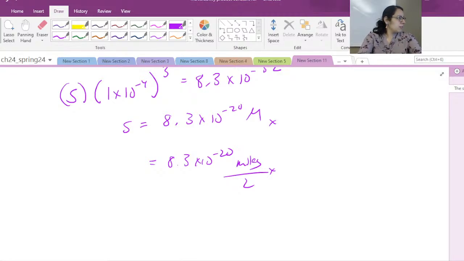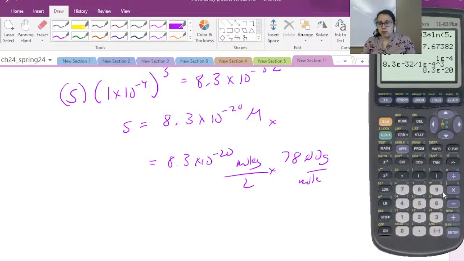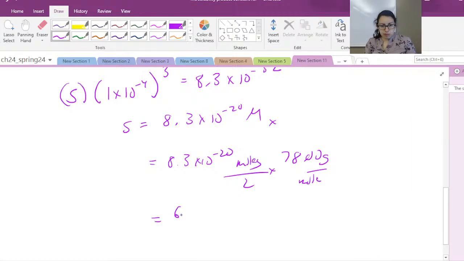Aluminum hydroxide, unless someone wants to add it up. Oh, Google says 78 on the dot, so grams per mole. Then that gives us a 6.47 times 10 to the negative 18 gram per liter solubility. So still pretty small.